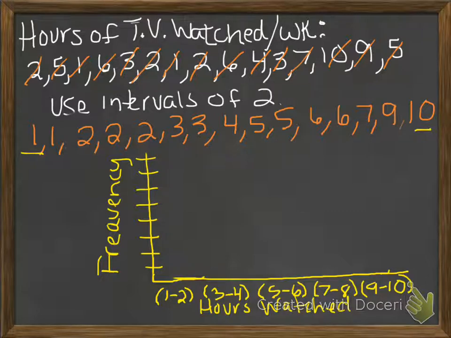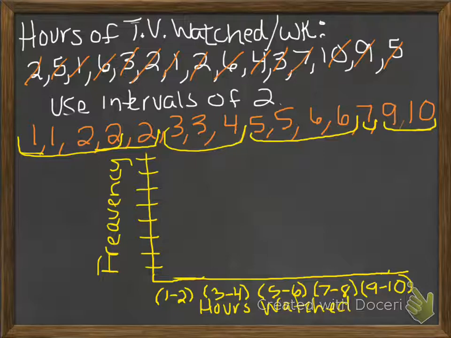Now I'm going to figure out how many numbers are in each interval. So my first interval is 1 and 2. My second one is 3 and 4, 5 and 6, 7 and 8, and then 9 and 10. Okay, so my first interval of 1 and 2 has 5 values.